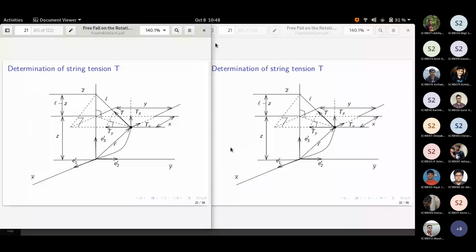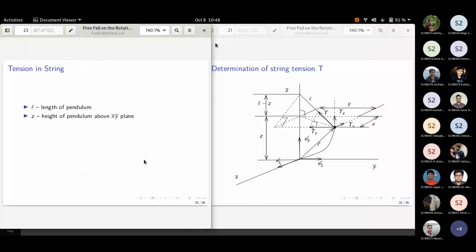So L is the length of the pendulum, Z is the height of the pendulum above the origin, the actual XY plane. X is the X coordinate of the R vector. This is the R vector. You have X coordinate, Y coordinate, and Z coordinate.